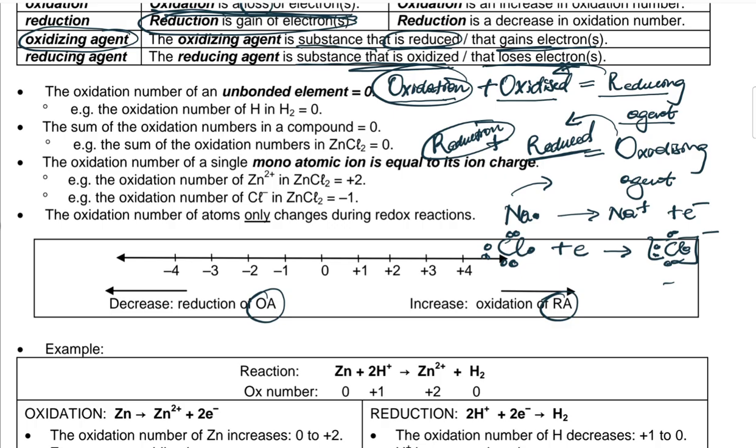So once the sodium loses the electron, it will behave like neon. If you look at neon, the atomic number should be 10 there. Remember sodium, this is 11, 23.